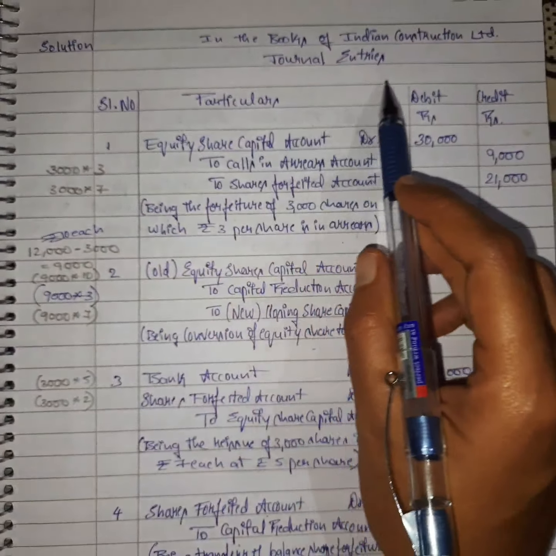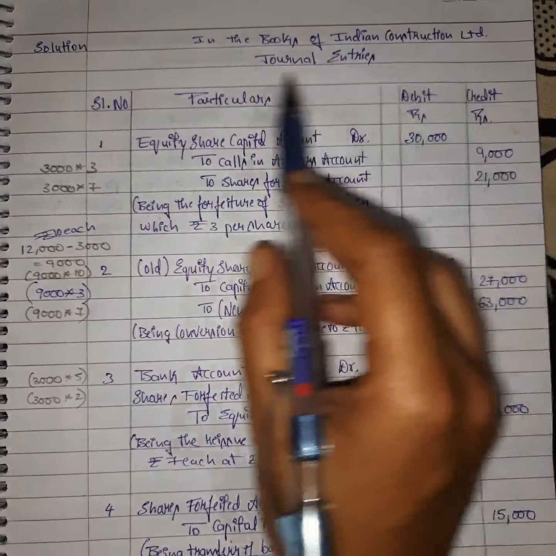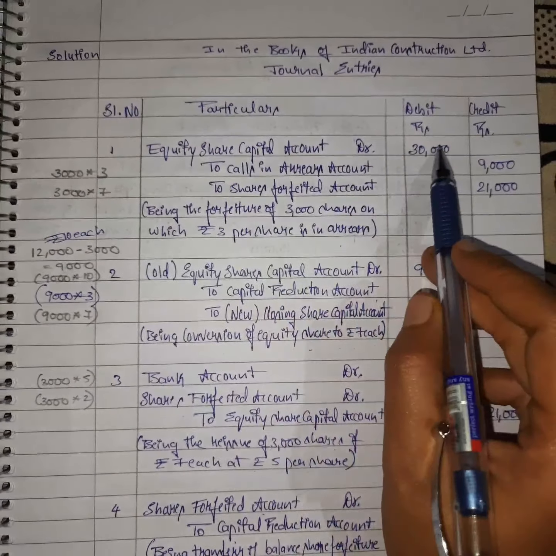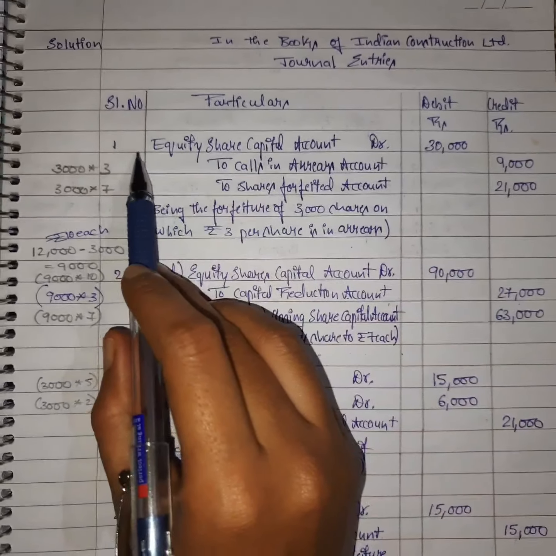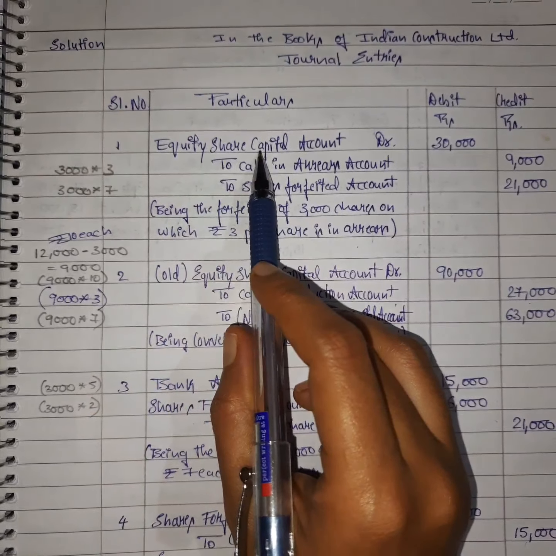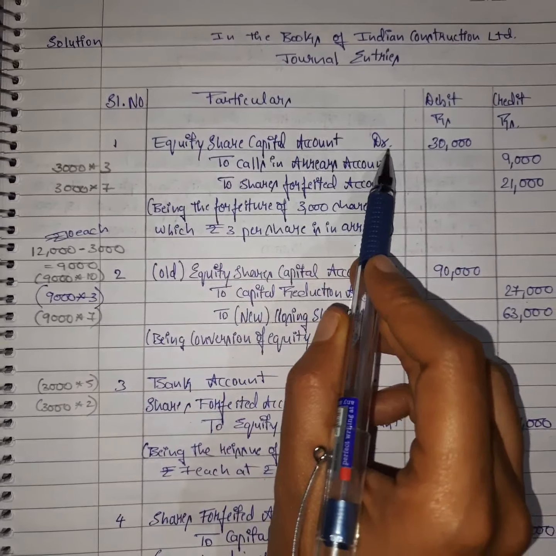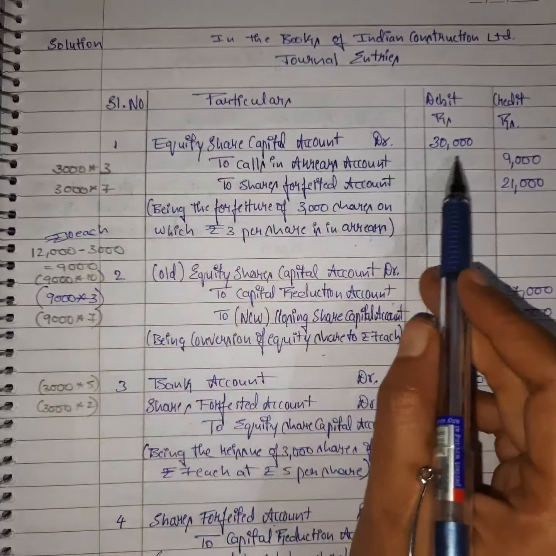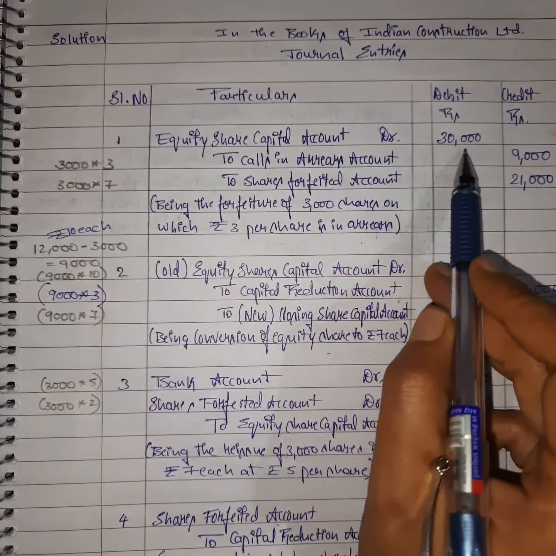Solution. In the books of Indian Constructions Limited, journal entries, serial number, particulars, debit rupees, credit rupees. Coming to first entry, equity share capital account debit 30,000, 3,000 into 10, amount in the debit side 30,000.